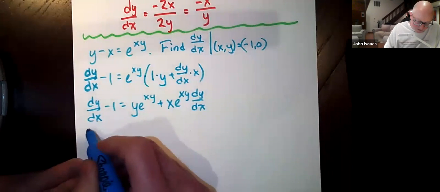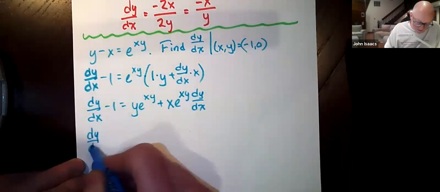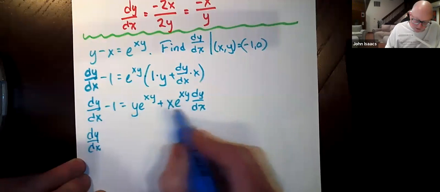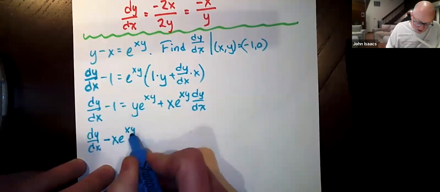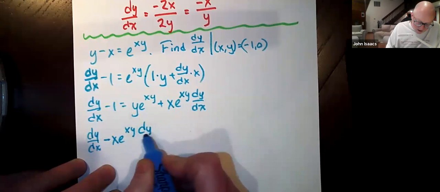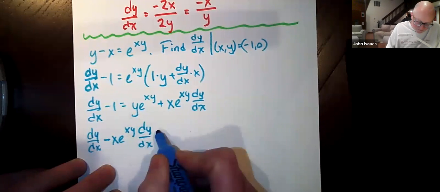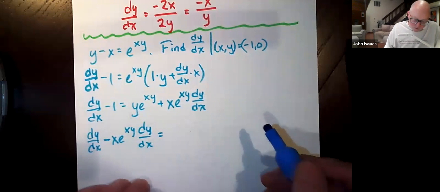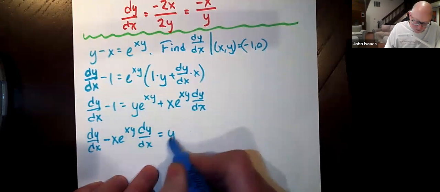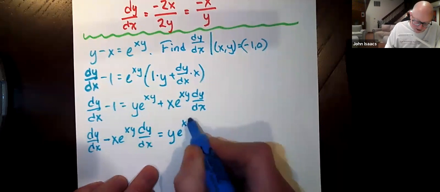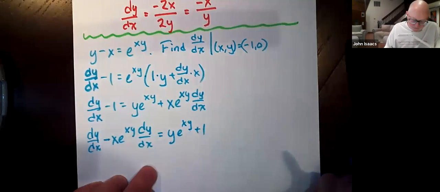So let's see, we have this dy/dx, this one, and then we have to subtract this one, minus x e to the xy dy/dx, equals, let's see, we're going to have to add the 1 to both sides. So we're just going to wind up with y e to the xy plus 1.